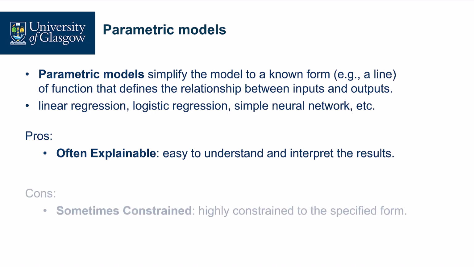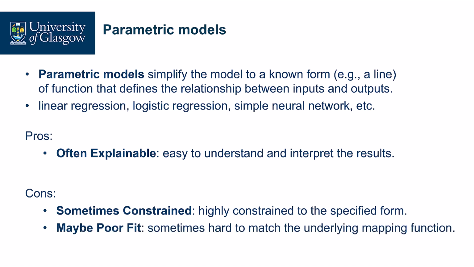Because of this, a parametric model is sometimes constrained to the predefined form, so it may generate a poor fit. For example, the relation between y and x should be cubic, but the model that I defined is linear. So I try to use a line to represent a cubic relation. Clearly the result won't be good. That is the advantage and drawback of the parametric models.